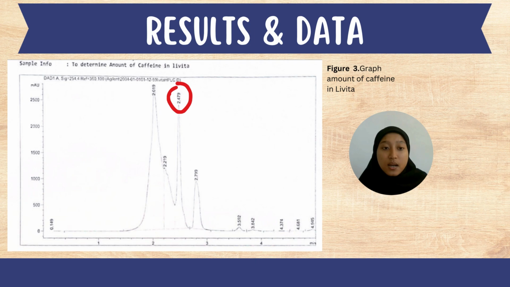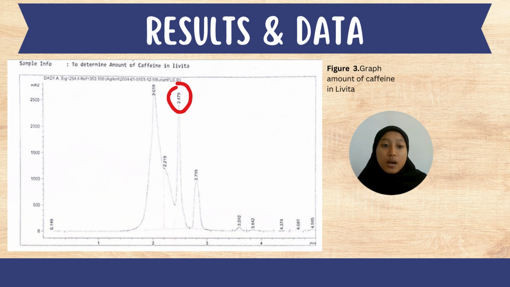Alright, so the next figure is the graph of the amount of caffeine in the Levita sample. We have a few peaks that came out in the sample. Based on the peaks that we observe here, which peak are we going to take as the presence of caffeine in the sample? We take the peak that is closest to the value of the caffeine in the standard caffeine.